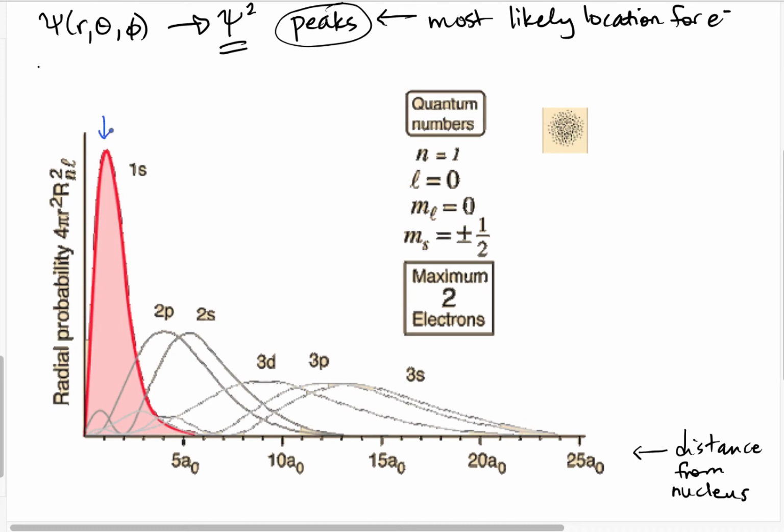So notice that here we are at the 1s orbital, and as we go further away from the nucleus, so as we add more electrons, our electrons are going to be further and further from the nucleus. So here we go, we've got some 3D, 3P, 3S, and notice that our wave functions and where those electrons are is going to get further and further from the nucleus as we add electrons into these higher and higher energy level orbitals. Depending on how many electrons we have present, these will start to switch around a bit, but you get the idea.